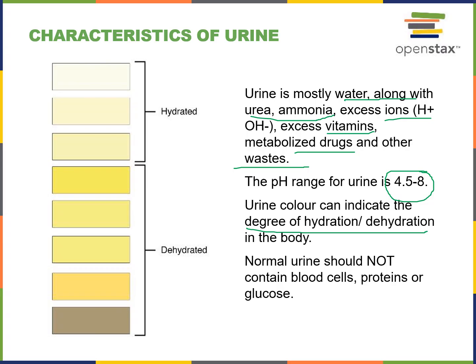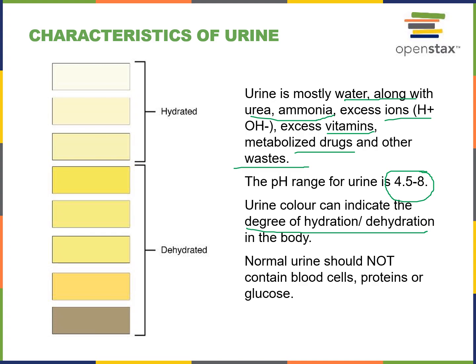So the ability to produce urine is still possible. But you probably noticed that the first urine of the day is usually a small volume and sort of yellow or darker in color. And that is what's representative of a very concentrated urine.